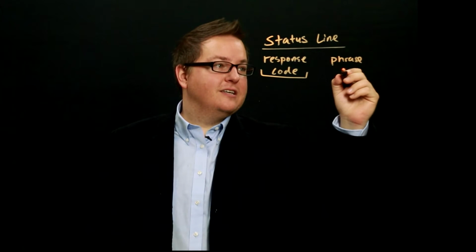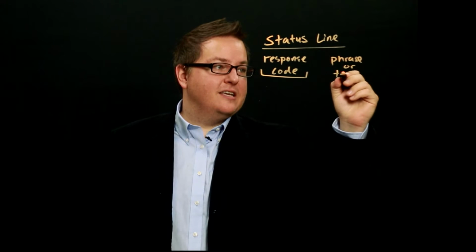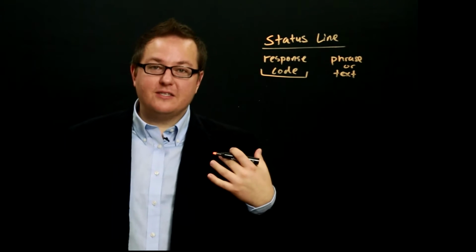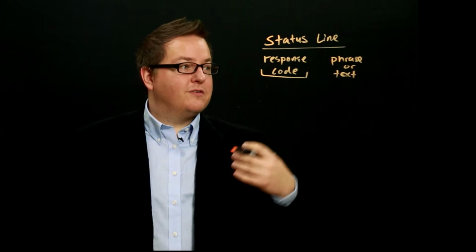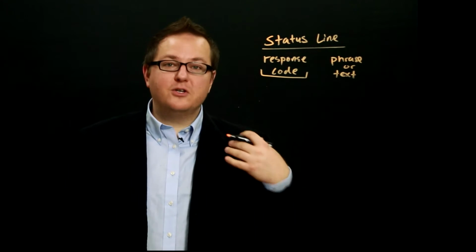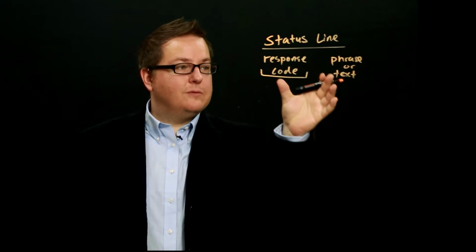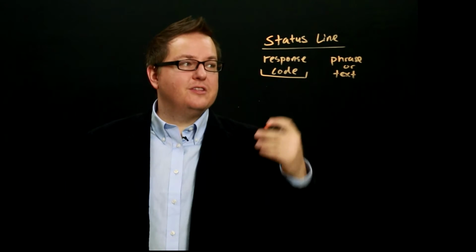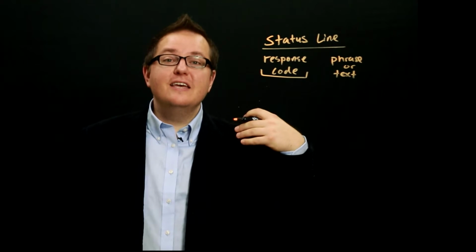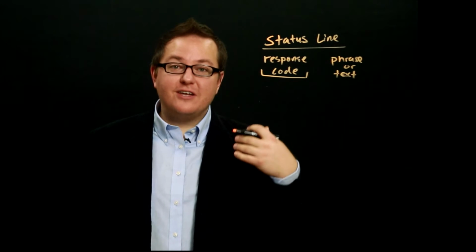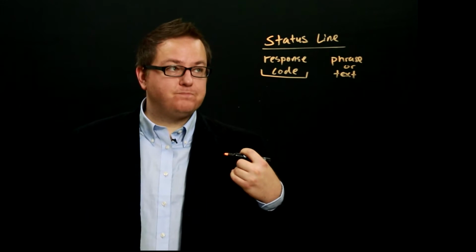So this is text that's being sent back to elaborate on the response code. For example, if there's an arbitrary error, it may say there was a server error. And so the response code and the reason phrase give us a hint as to what happened on the server and allow the client to take the appropriate action.